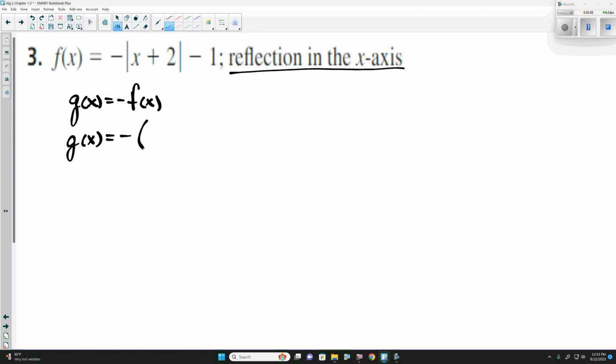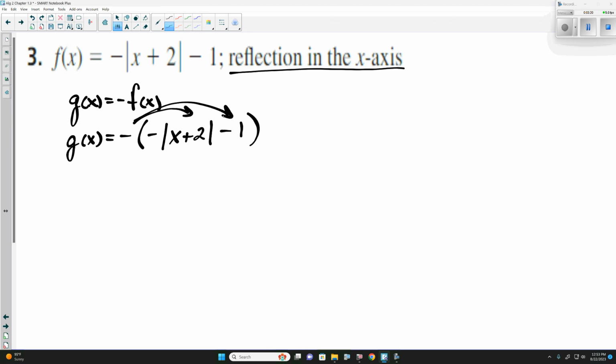Now, since we still have the f of x, there's nothing different inside the function. We can just replace it with the function it gave us. So we'd have negative absolute value of x plus 2 minus 1. And the last thing we need to do is distribute the negative.